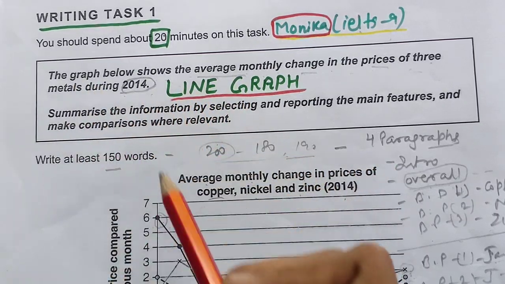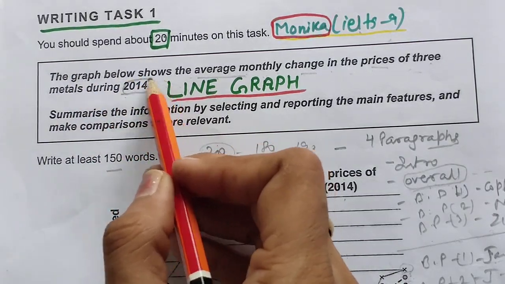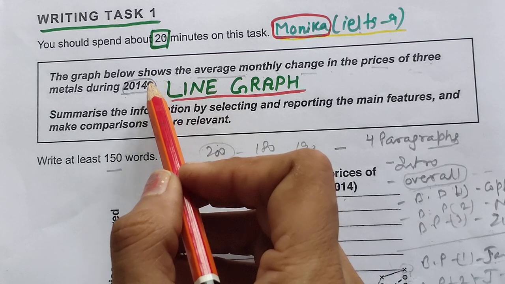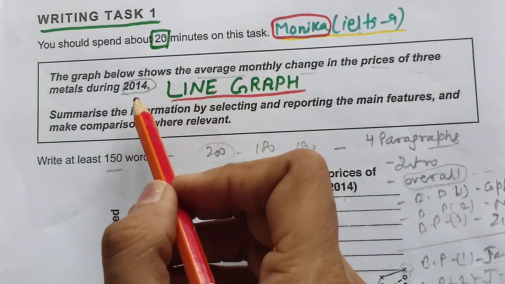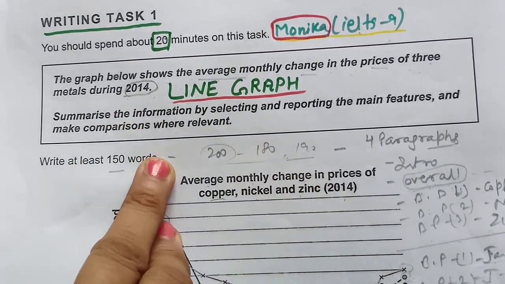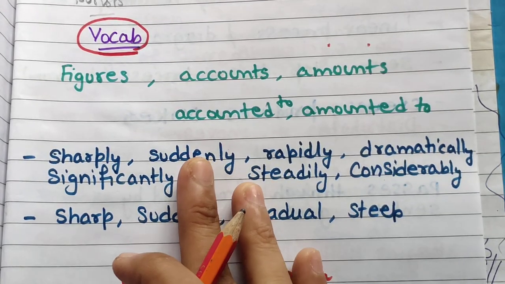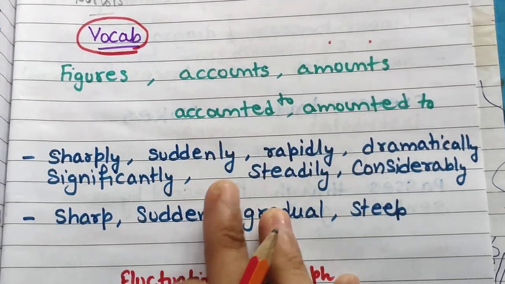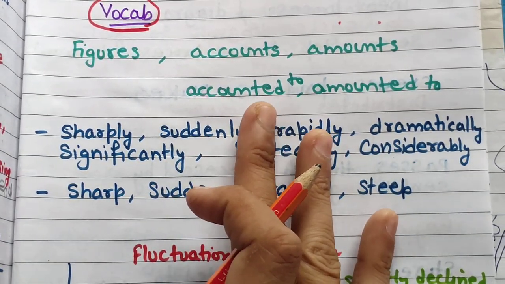So of course we know this is a line graph, so we will start with the line graph. Instead of "below shows", we can use another word, good vocabulary. So I will show you the dictionary of task 1 also. One more suggestion I want to give you: whenever you are writing your task 1, please open your notes for vocabulary. Please make your notes for vocabulary.